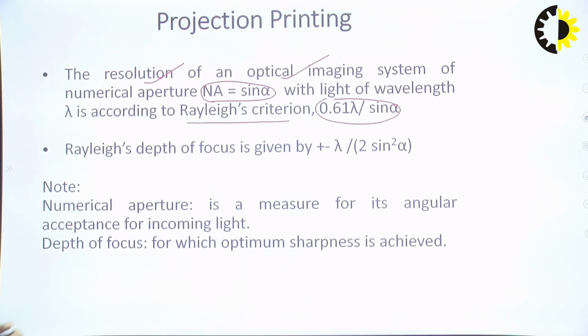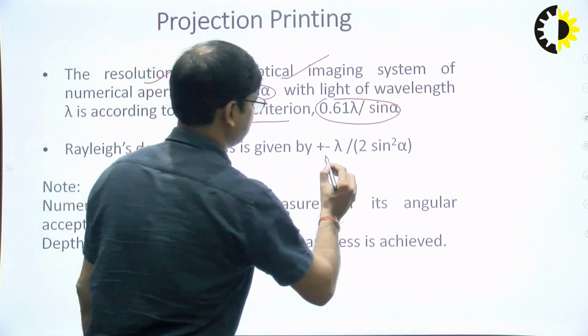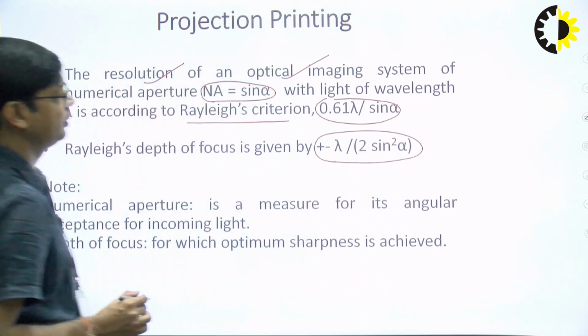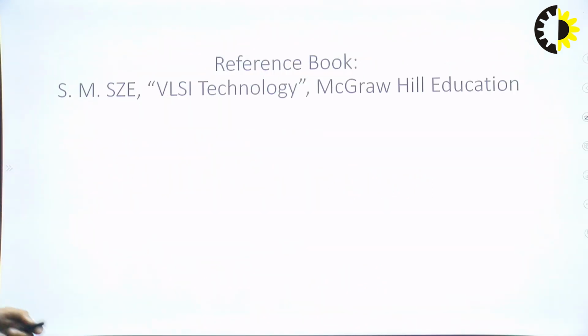Secondly, the Rayleigh depth of focus is given by plus minus lambda upon 2 sin square alpha. For further study on this topic, the book VLSI Technology authored by SMZ may be referred.